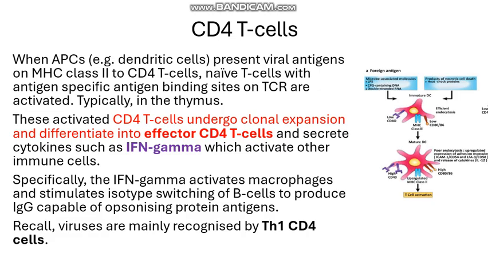Moving on to the role of helper T cells in the adaptive immune system's viral immune response. When antigen-presenting cells, like dendritic cells, present viral antigens on MHC class 2 to helper T cells, naive T cells with antigen-specific antigen binding sites on their T cell receptor get activated, typically in the thymus.